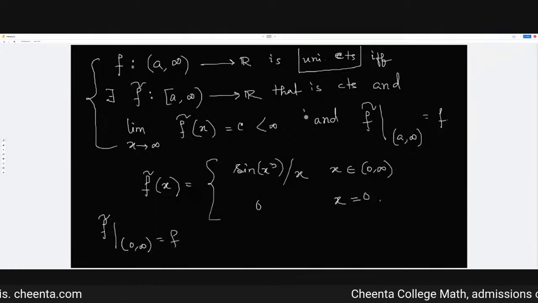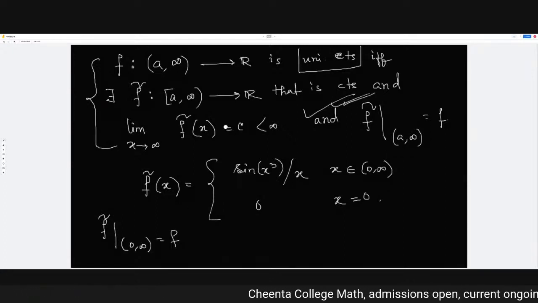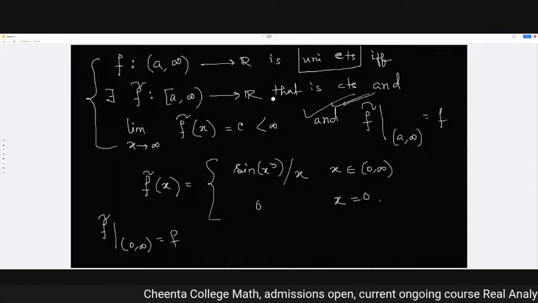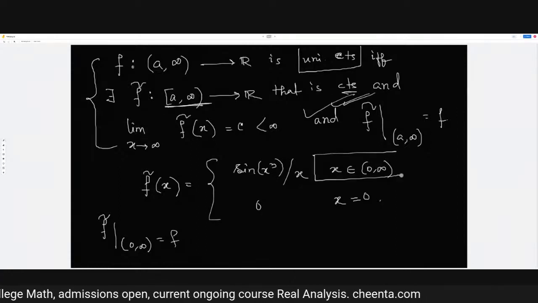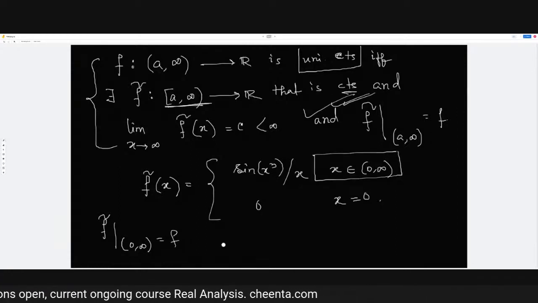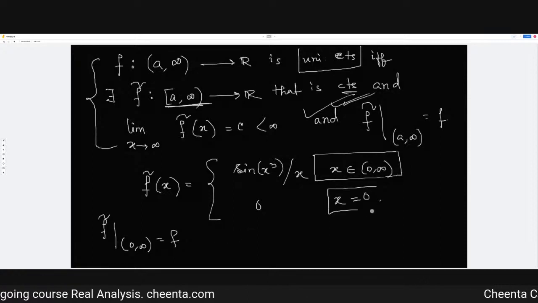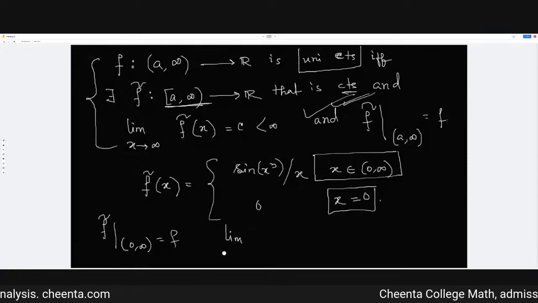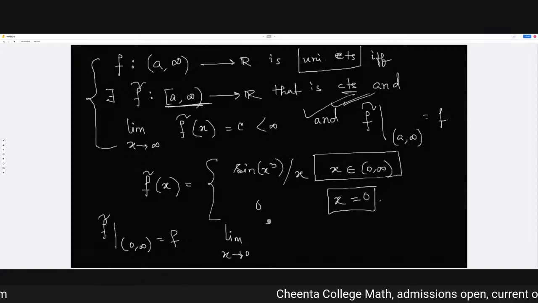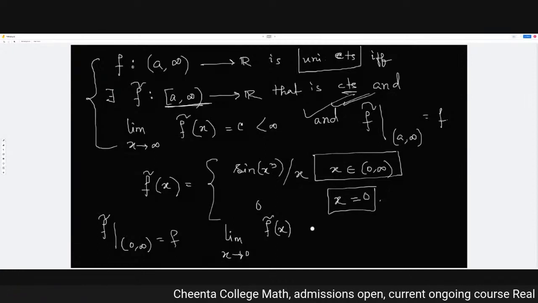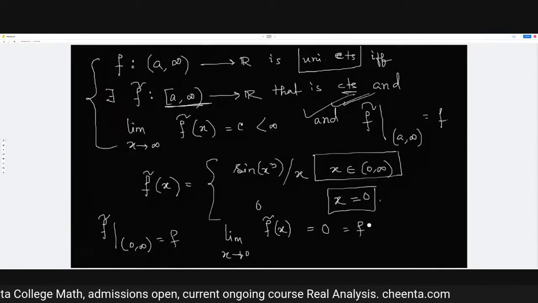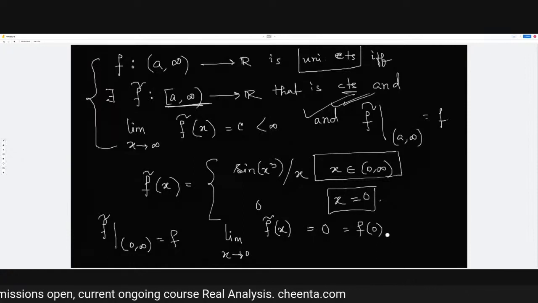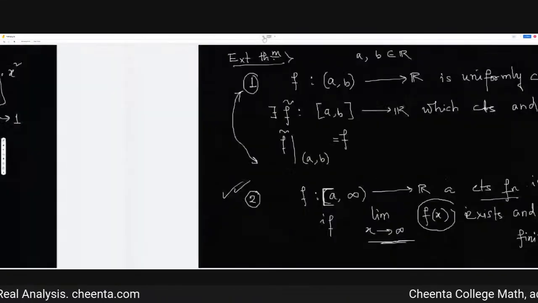This is the first part. Also, I need to show that it is continuous. Of course it is continuous on (0, infinity), there's no problem in continuity there. The only problem point is x equals 0. If I take the limit as x tends to 0 of f tilde of x, this is also 0, which equals f of 0. Hence, it is continuous. You can use the same old computation that we did here.